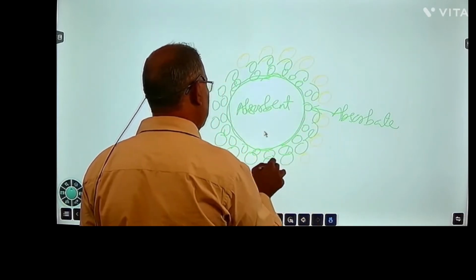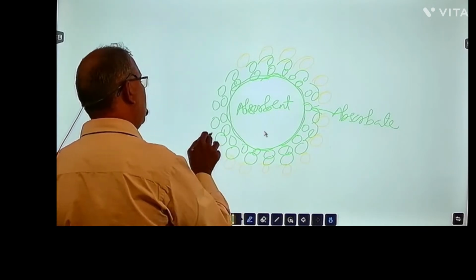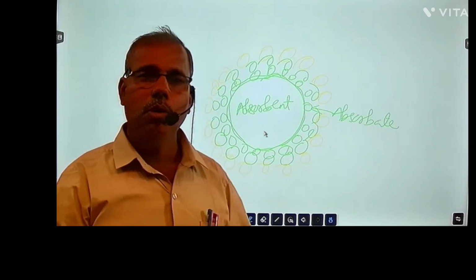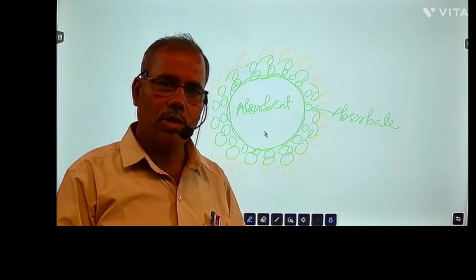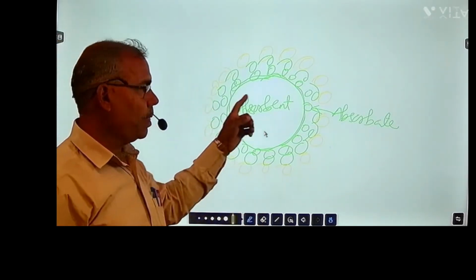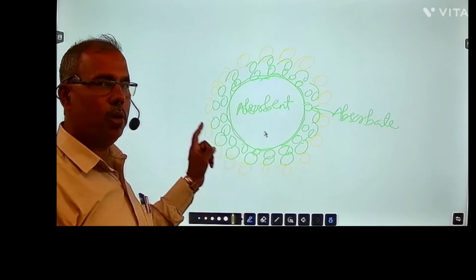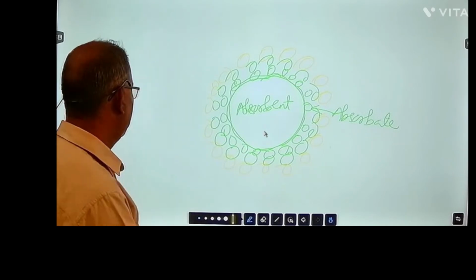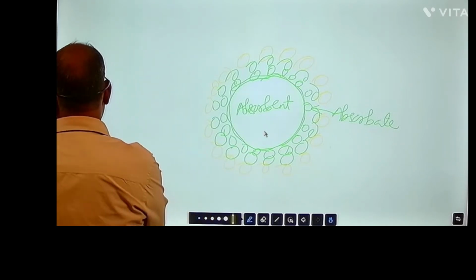So with increase in pressure, the extent of physical adsorption or physisorption increases, and therefore more and more layers are adsorbed on the surface of the adsorbent. So this is the peculiarity, or characteristic, of physical adsorption or physisorption.